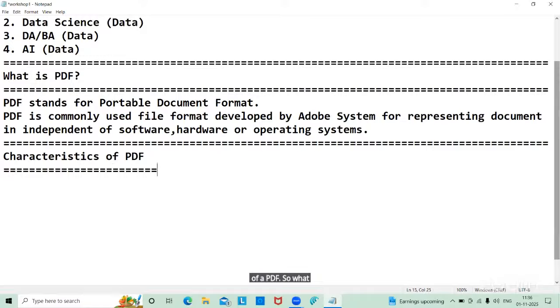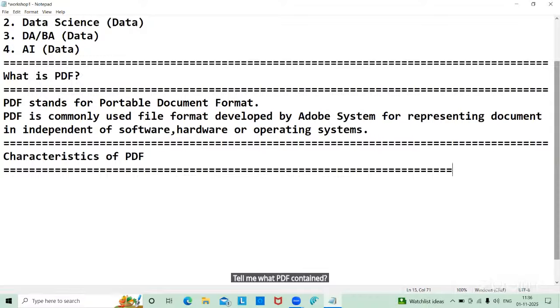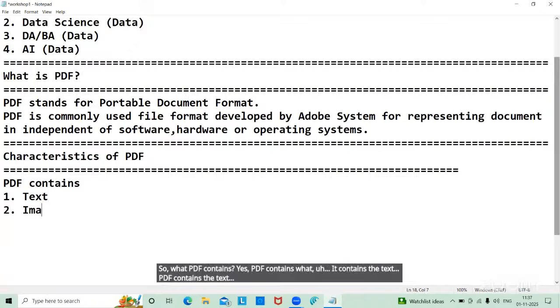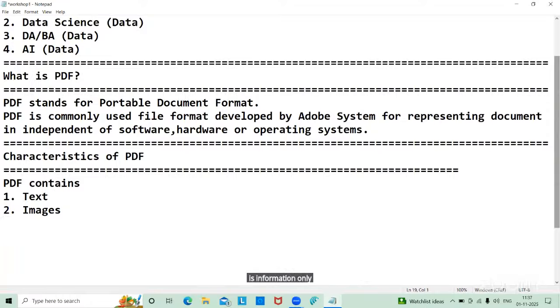Tell me what a PDF contains. Yes, this format can be used independent of anything. PDF contains text. It contains images. PDF contains information only.